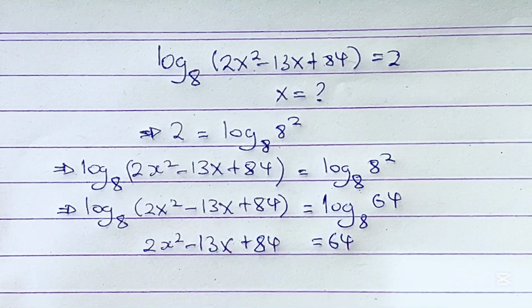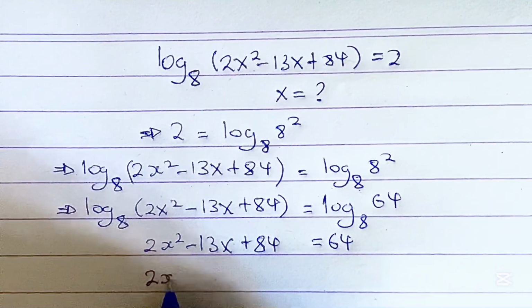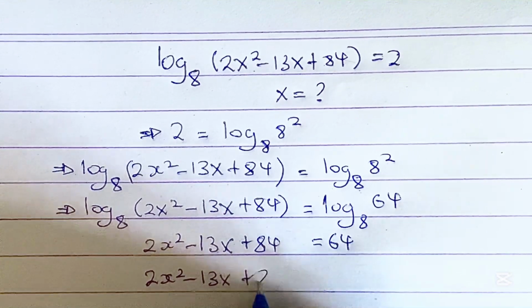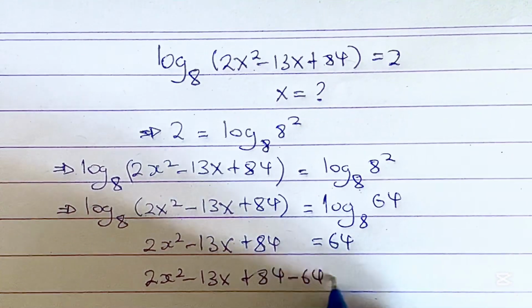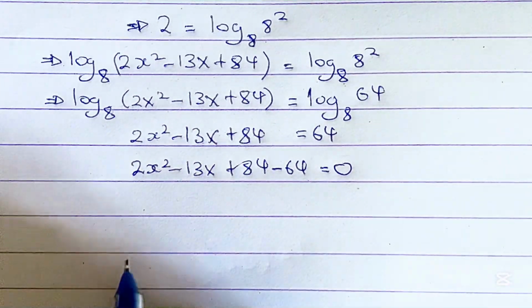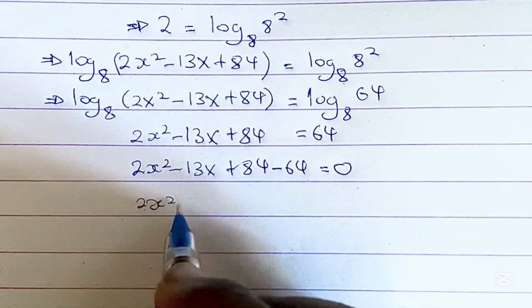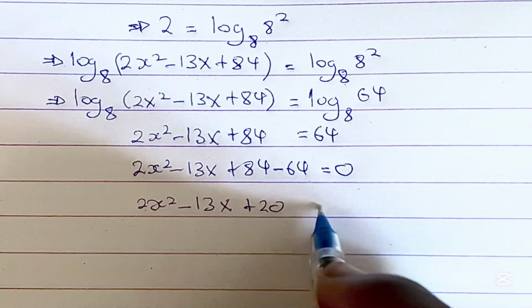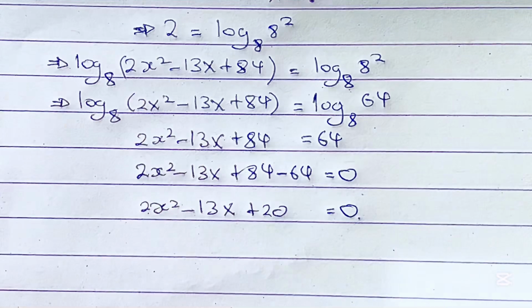After that, we are going to collect like terms. So 2x squared minus 13x plus 84 minus 64 is equal to 0. So 2x squared minus 13x plus 20 is equal to 0.